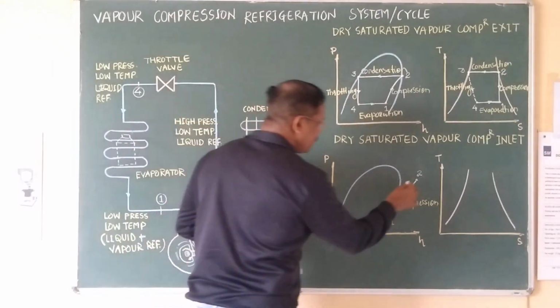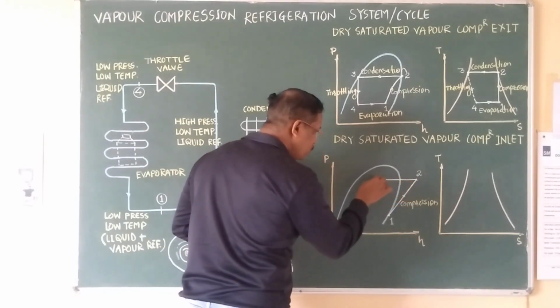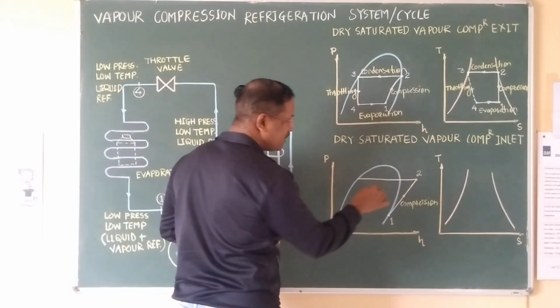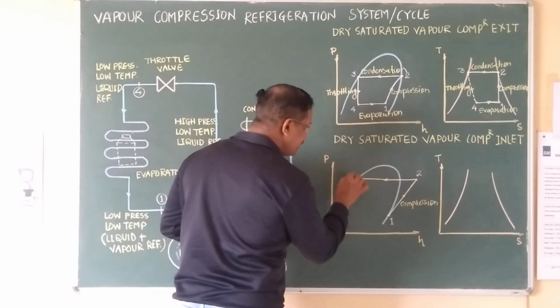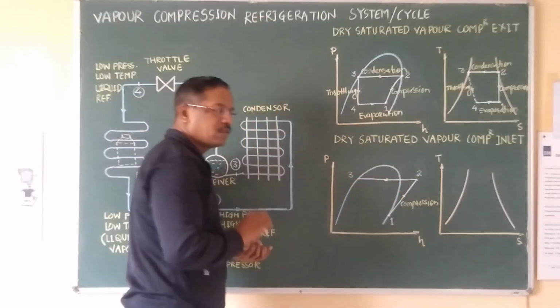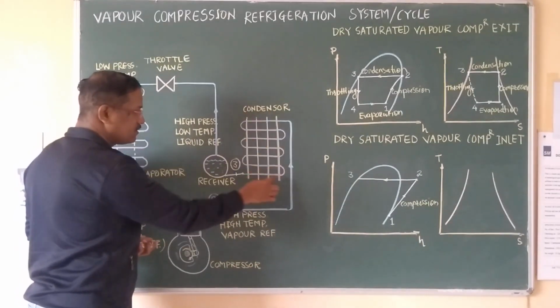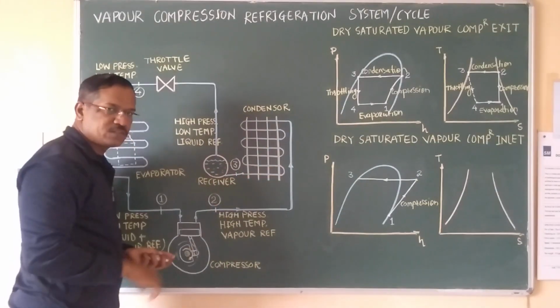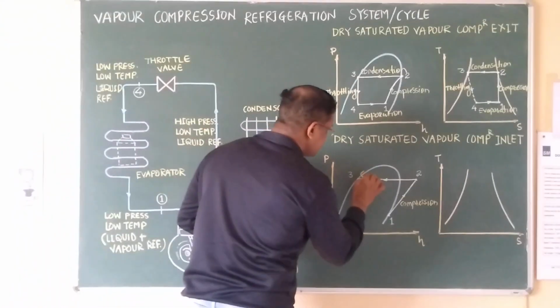Then at constant pressure, because in the condenser there is no change in pressure, so pressure remains the same, and reaches the third point, that is here. So after condensation it will reach this position 3. So pressure remains the same. This is the condensation.